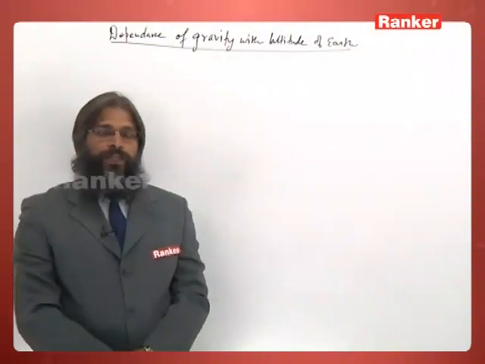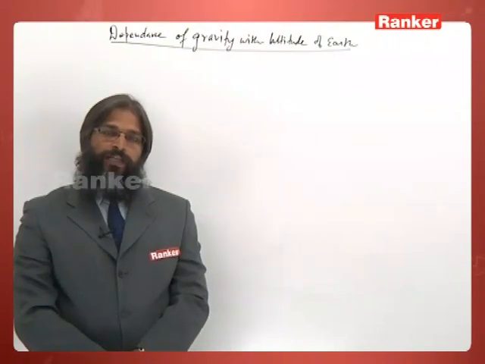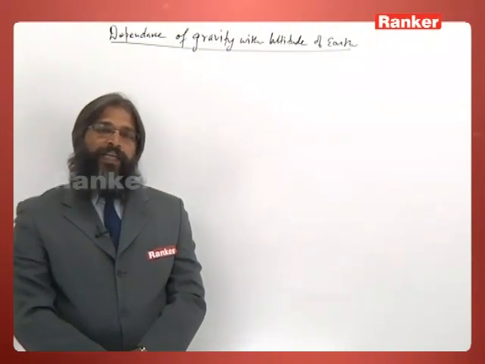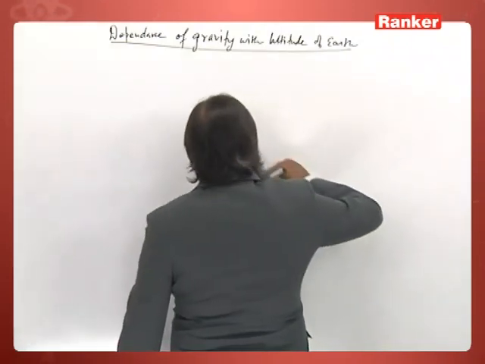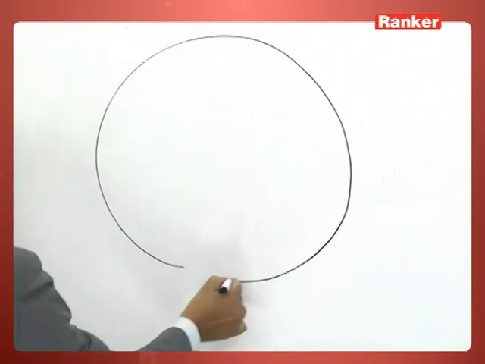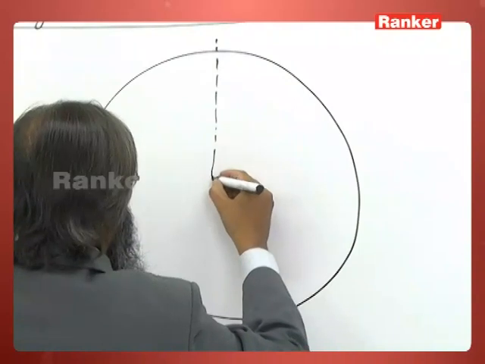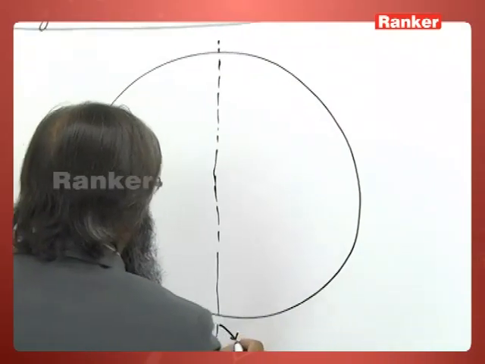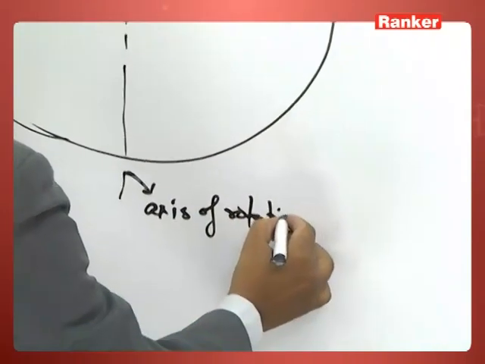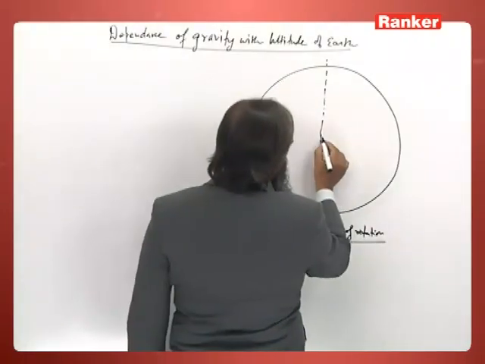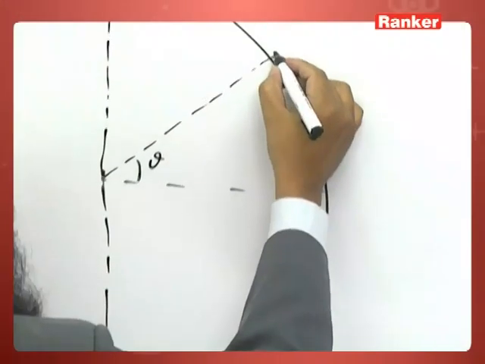Now, let us learn the effect of rotation of earth on gravity at different latitudes. So, our earth is under rotation about its axis. This is the axis of rotation. Suppose we are at an angular position theta, at this place.